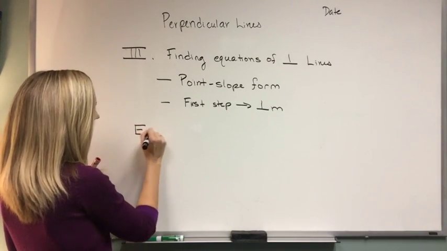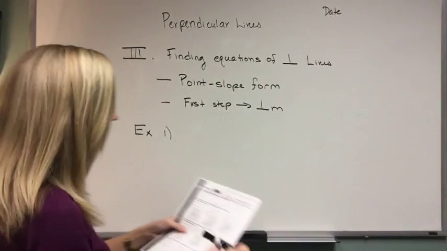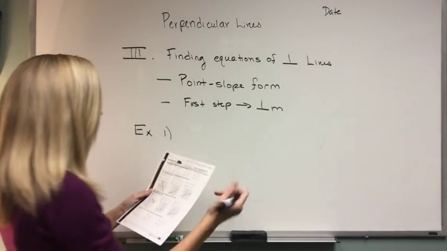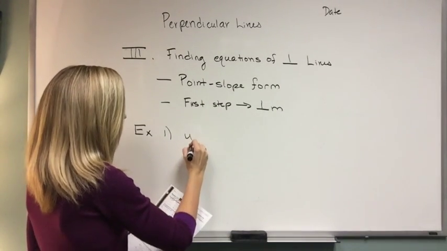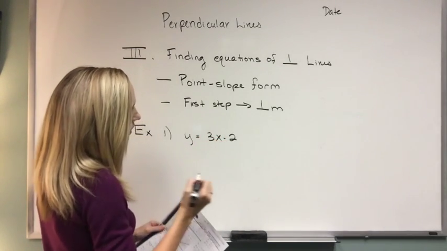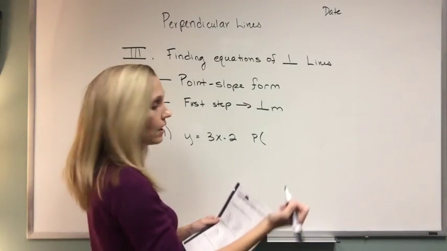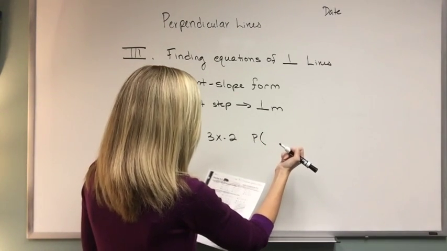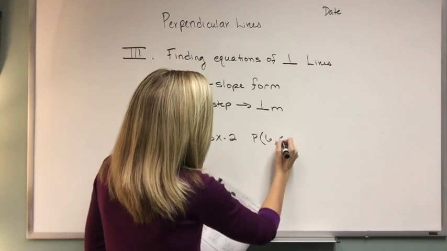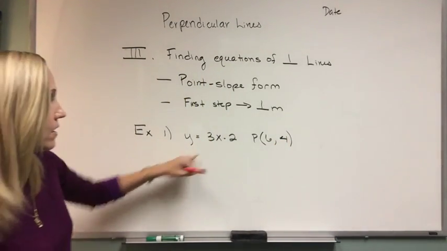So let's grab an example. What if I had a line that was 3x minus 2 and the perpendicular line went through point 6, 4. Well, first we have to determine the slope of this line.